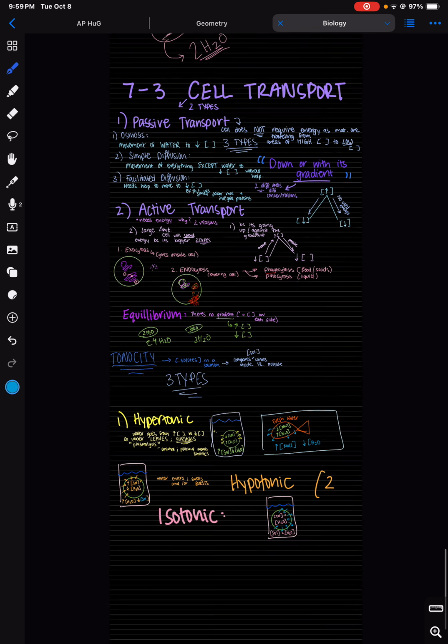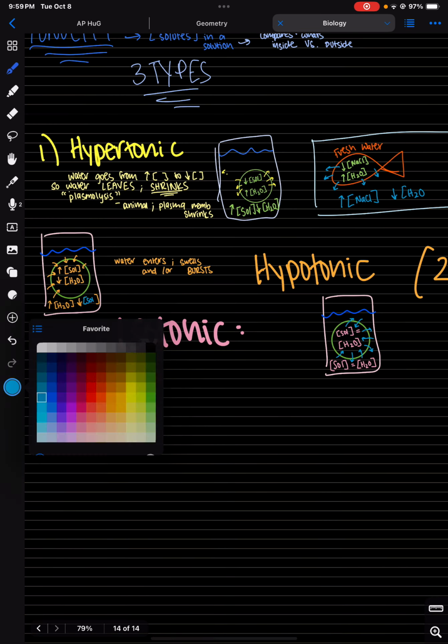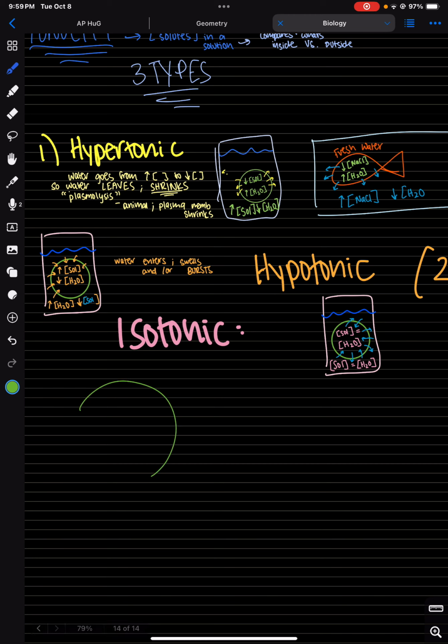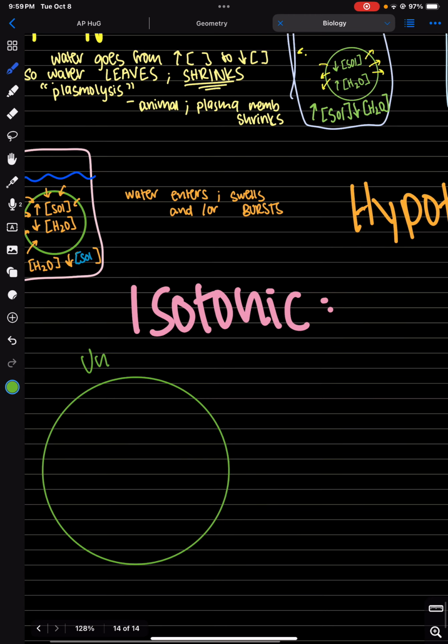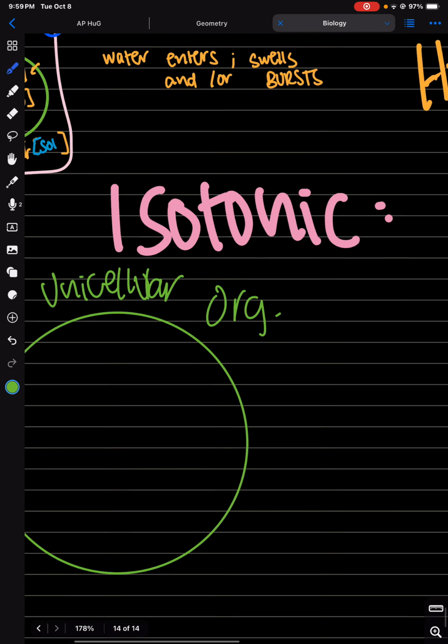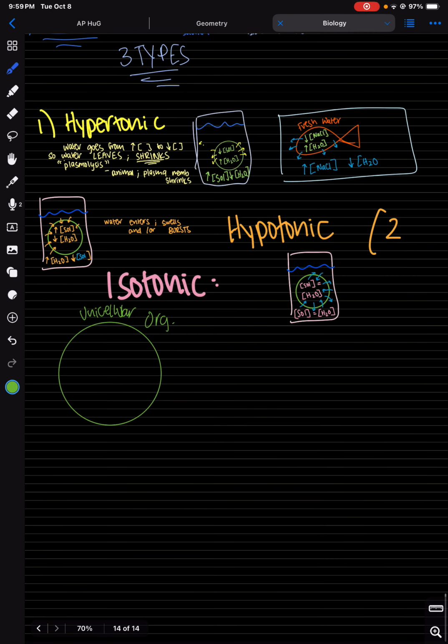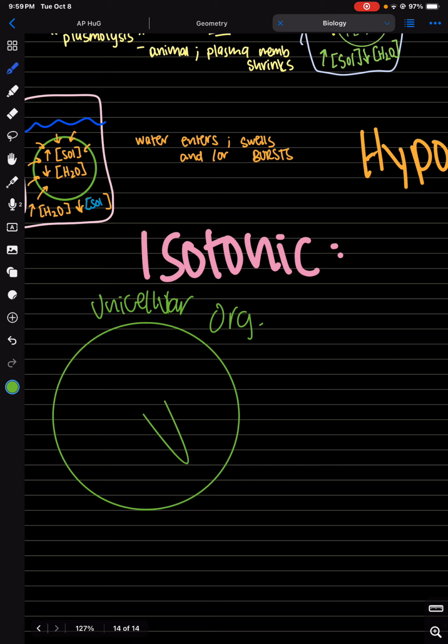Okay. Let's talk about this. This is not extra, because this was in our textbook. This is a unicellular organism. So in a unicellular organism, it has a vacuole.